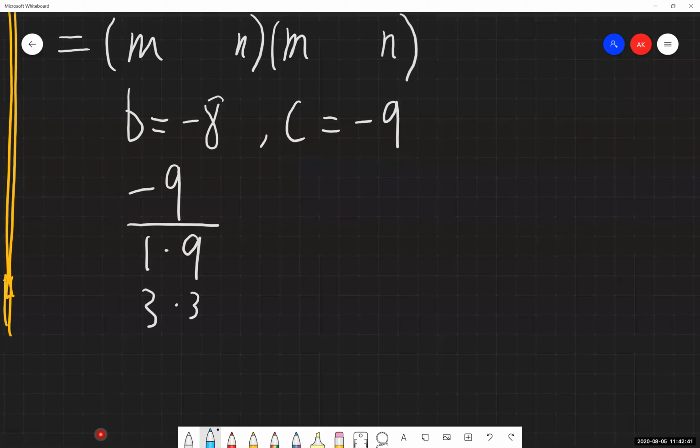Based on that, then, I need to look to my B value. Which column is going to be positive and which column is going to be negative based on the sign of our B value? Let's go ahead and think on that.